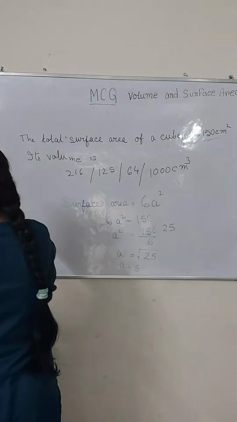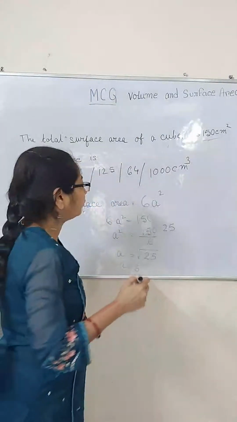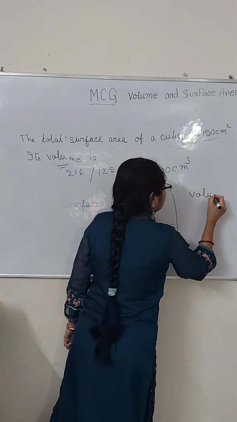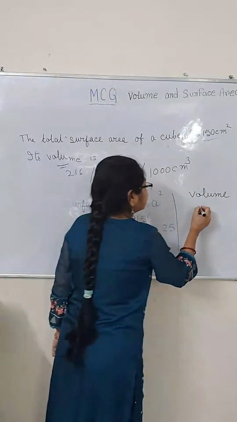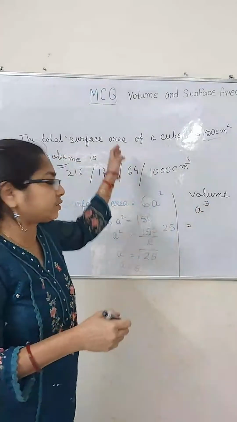First do that. Then come the volume. Then comes the volume formula. Volume formula is a cube. Now you put the value and choose what is your answer.